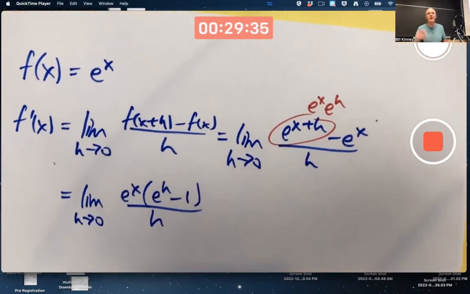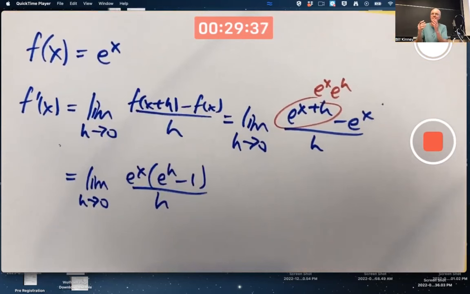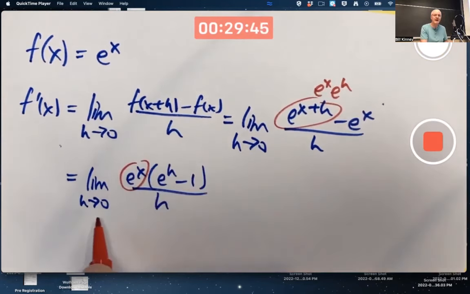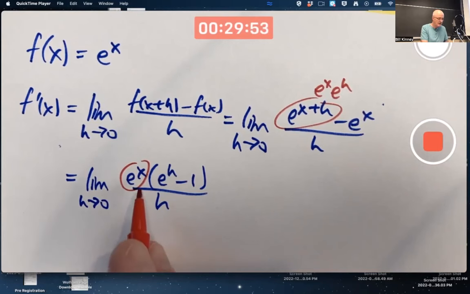And then remember, whether you think about a letter as representing a variable or a constant, it's all in your head. But it is important to realize here that this thing doesn't depend on h. x is fixed when I do this calculation. No h there. Limit of a constant effectively times a function of h.